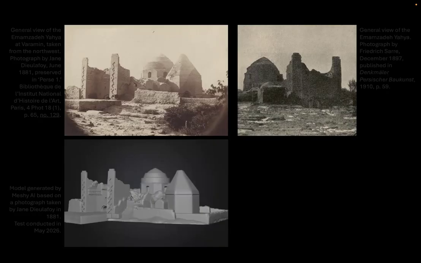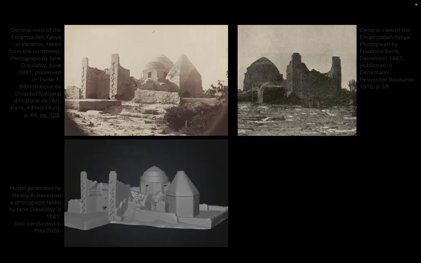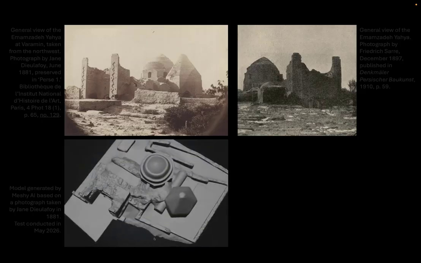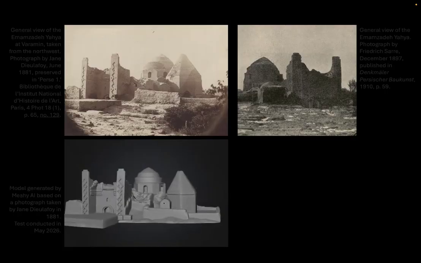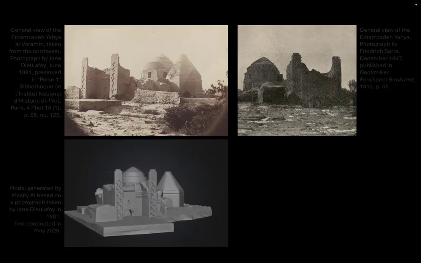For this purpose, I experimented with a tool called Meshi, which is an AI platform designed to transform photographs into three-dimensional models. However, the tool reconstructs each image independently and cannot produce a model that aligns consistently with both historical photographs. As you can see, the generated result appears convincing when viewed from roughly the same angle as the original photograph. Of course, we have to ignore the additional details added by the AI. But once the perspective changes, the reconstruction no longer corresponds to the second photograph.